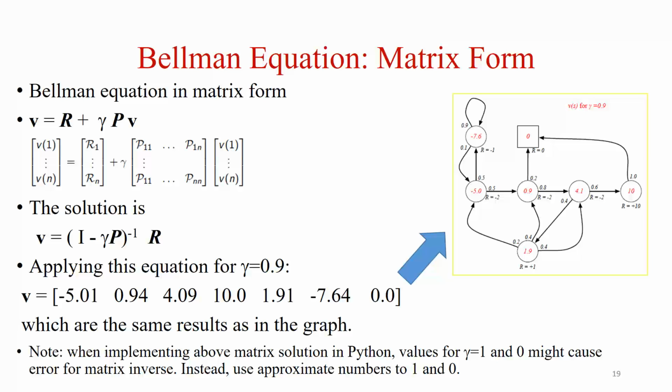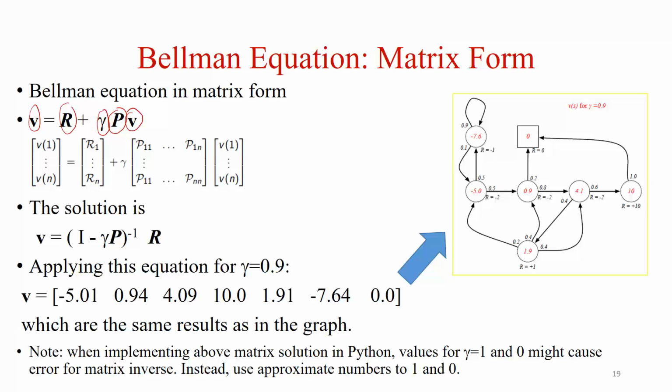So the vector of the state values equals the vector of the rewards, plus the discount factor multiplied by the transition probability matrix and multiplied by the state vector.